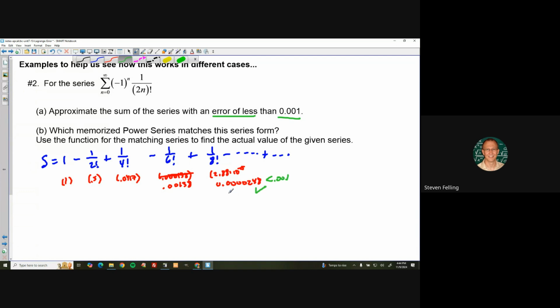And that means this can be the first neglected term, because if we truncate here, then the error will be less than this.